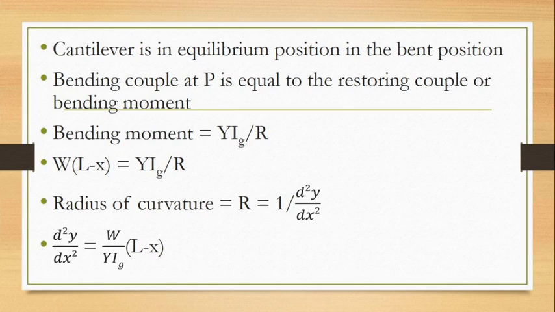There is a bending couple and opposite to this bending couple there will be a restoring couple, or we can call it the bending moment, for which we derived an expression in the last class as YIg by R. So the bending couple at P must be equal to the restoring couple or the bending moment.